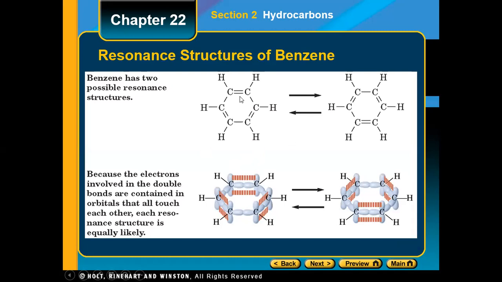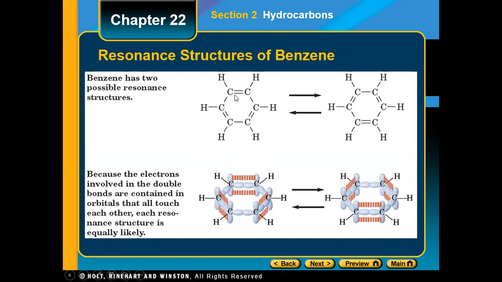You can have the double bond on top here. What you will know is that they are not going to be in sequence. You will not have a double bond here and the next right there. That wouldn't happen. It's going to be a double bond, a single bond, a double bond, a single bond. So they will be alternated. Okay.